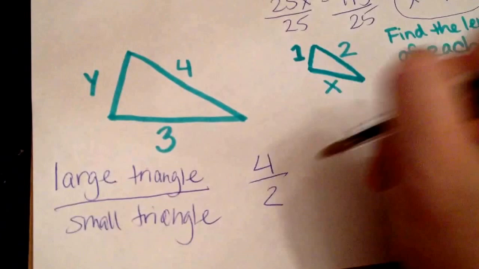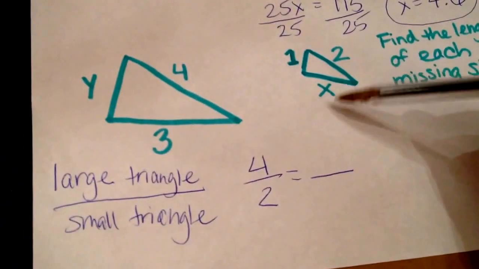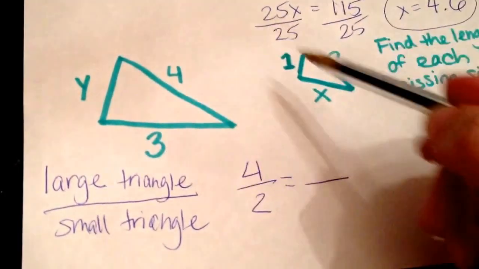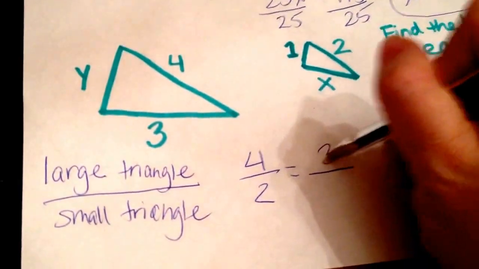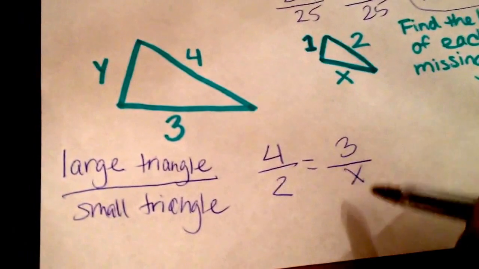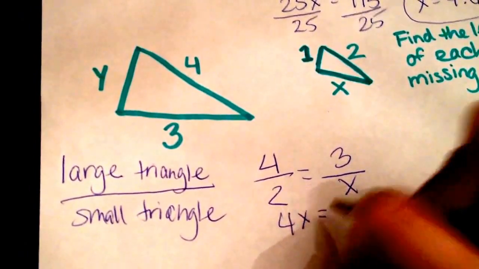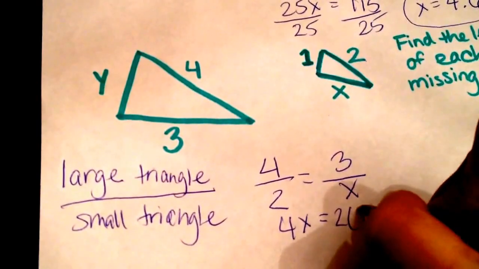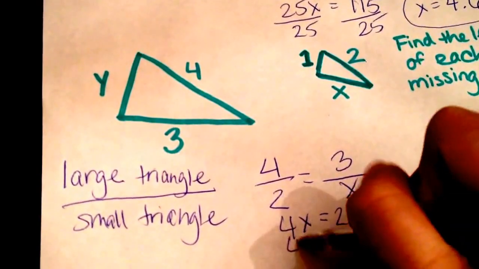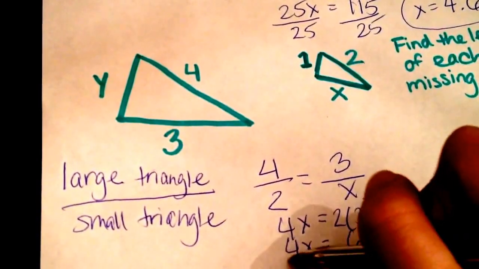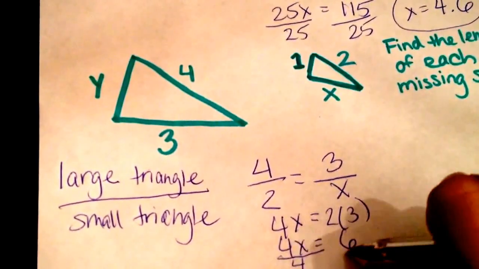So 4 over 2 is equal to the one that has the x. So 4 over 2 is equal to 3 over x. And then I'm going to solve for x. So I do 4 times x is equal to 2 times 3. 4x is equal to 6. And then I'm going to divide both sides by 4.